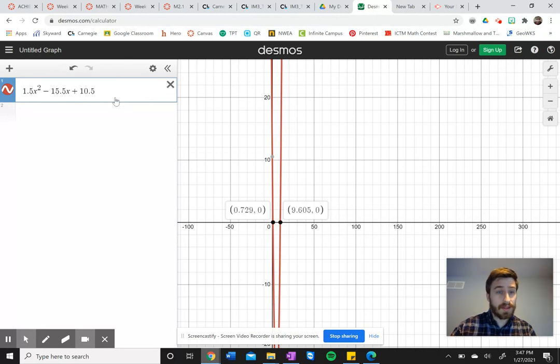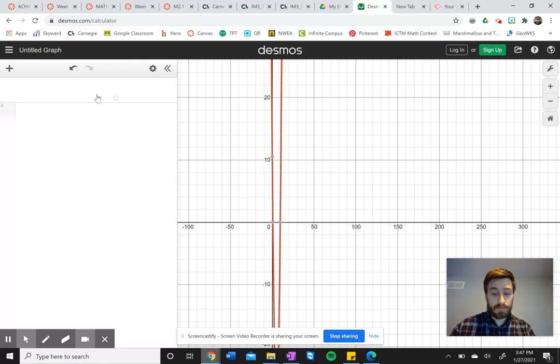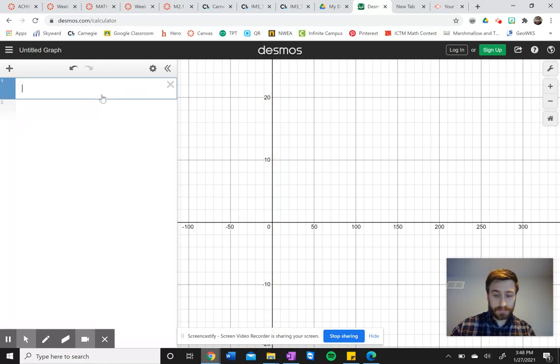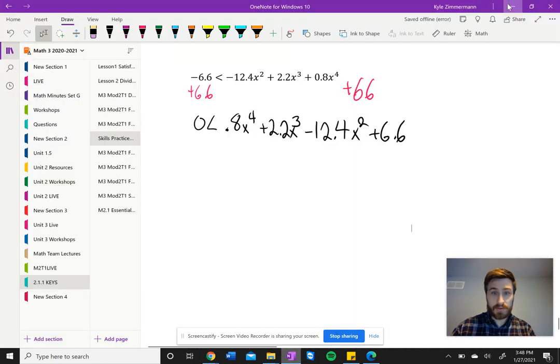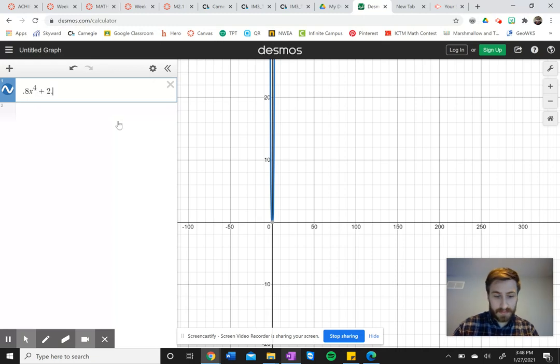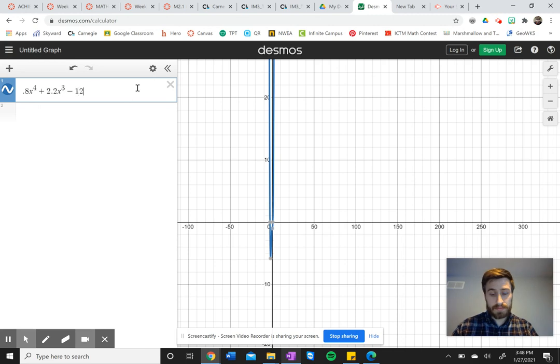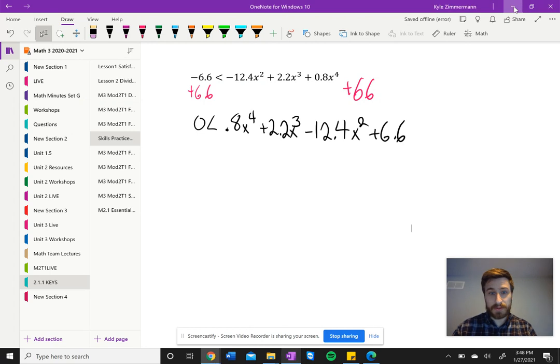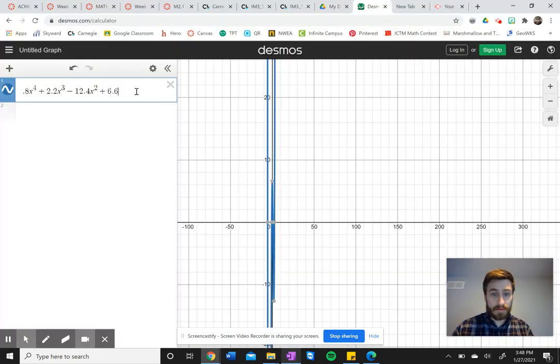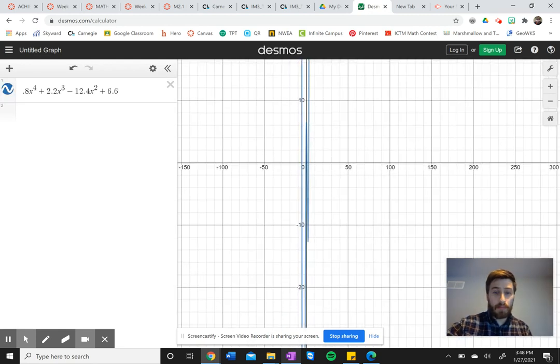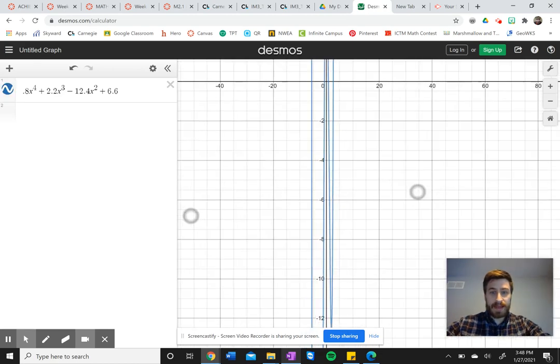It's going to be 0.8x to the fourth plus 2.2x to the third minus 12.4x squared plus 6.6. And remember, I'm looking for the regions where it is below my x-axis.